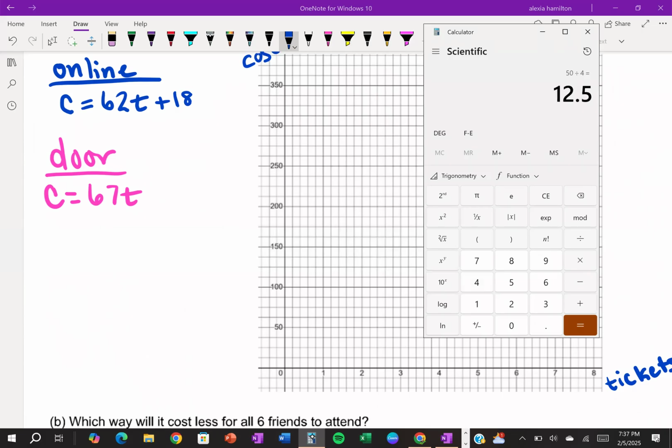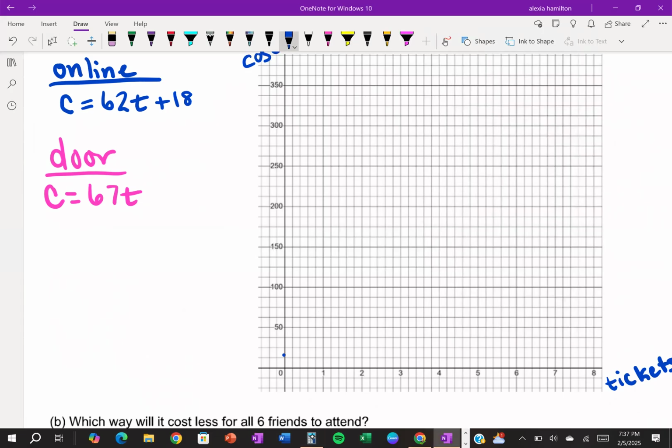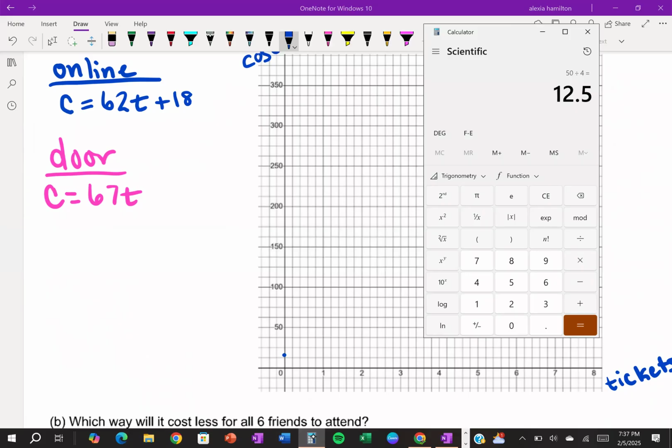So one line is 12.5. Two lines would be 25.